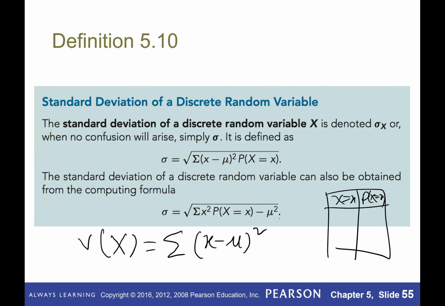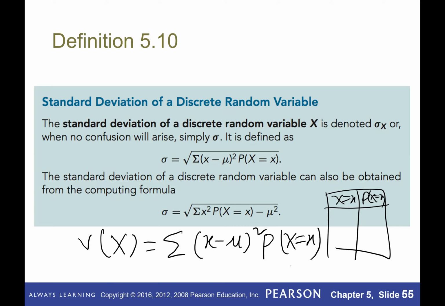First you calculate the mean, then you take the difference of each value from the mean and square it, then multiply by the corresponding probability, then add them together. That is the variance of x.